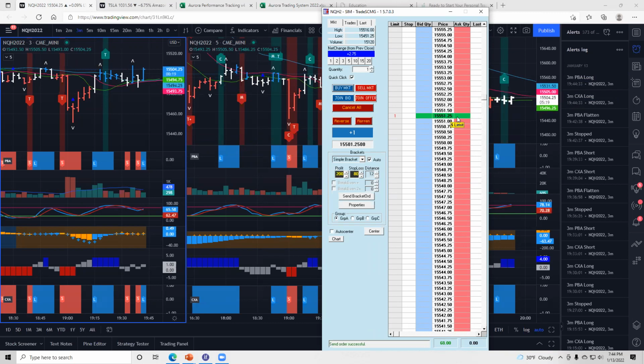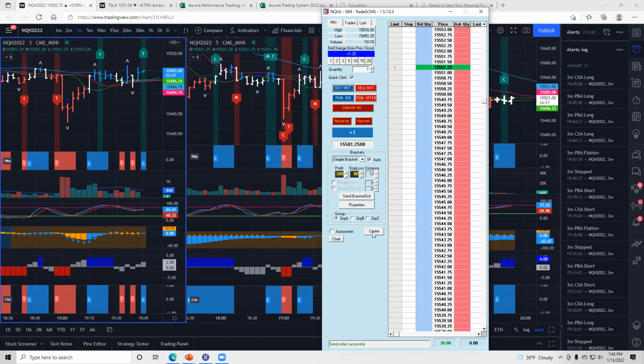That's placed there automatically because we're using a simple bracket order with a 50-point profit target, which is 200 ticks, and a 20-point stop, which is 80 ticks. And we have auto checked, so it automatically puts the stop and profit target parameters out on our DOM when we enter the trade. So now we see that there is another opportunity.